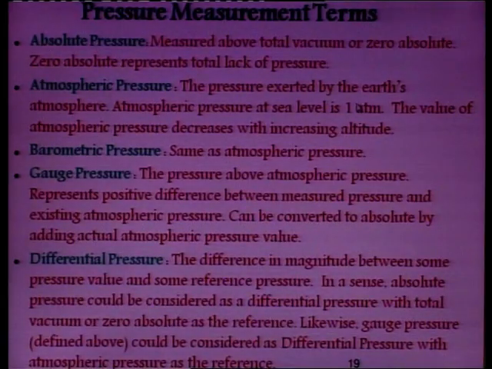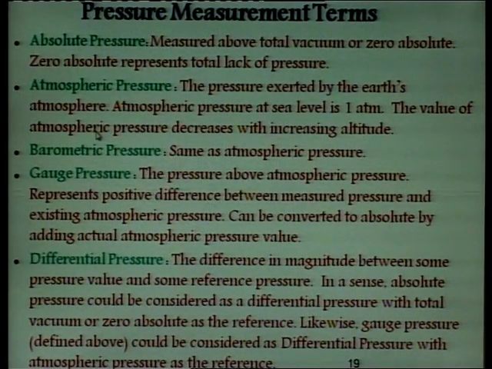It is the pressure exerted by Earth atmosphere. Atmospheric pressure at the sea level is 1 atmosphere. The value of atmospheric pressure decreases with increasing altitude. So, atmospheric pressure totally depends upon altitude and the gases which are in the atmosphere.